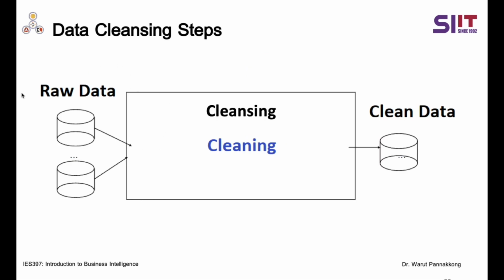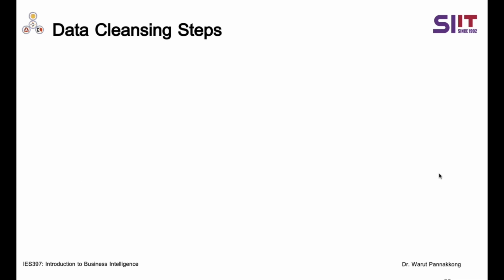So just revisit the chart, the steps again. We get the raw data, which can be dirty. We have to do data cleansing, and after cleaning, we will get a clean data set.